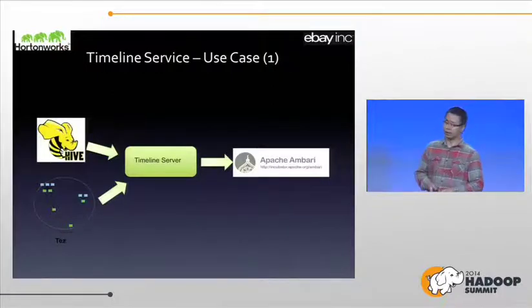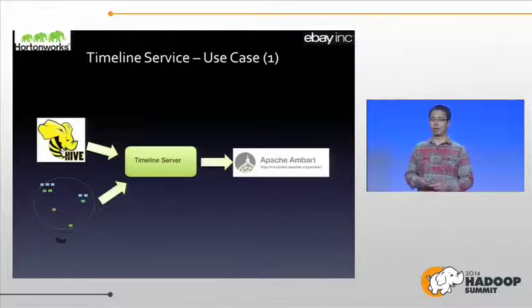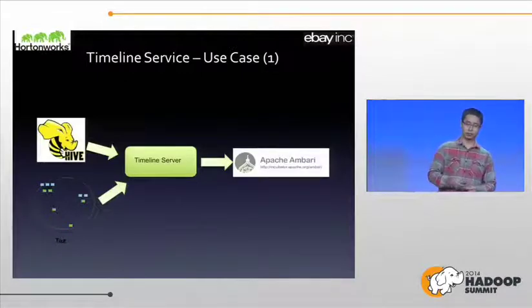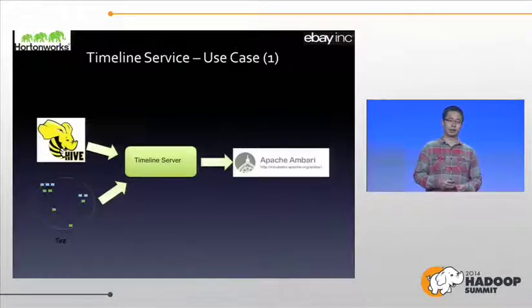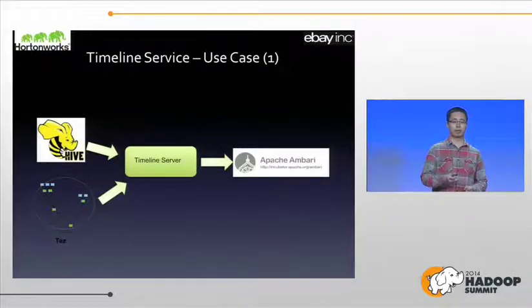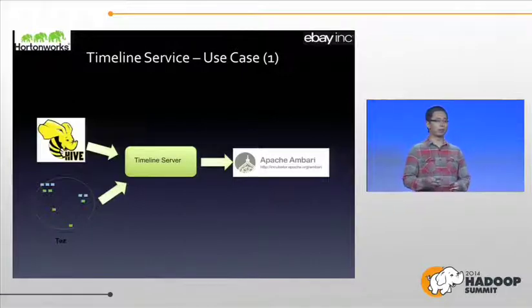On the other side, they make use of another tool called Ambari, the Hadoop management and monitoring tool, to query the Hive on Tez information from the timeline server and plot it into some nice graphs for users to understand the performance of a Hive job.